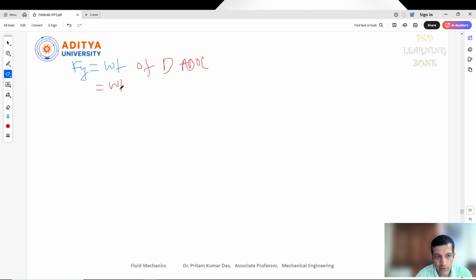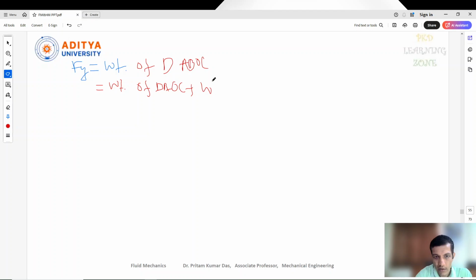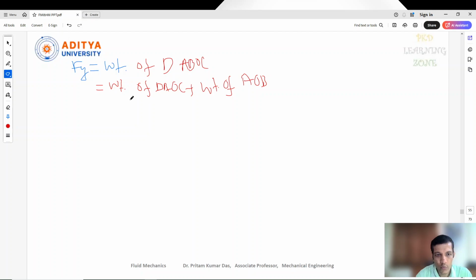One is the weight of DAOC plus the weight of another part, AOB, that curved part. So these two parts we can write here.